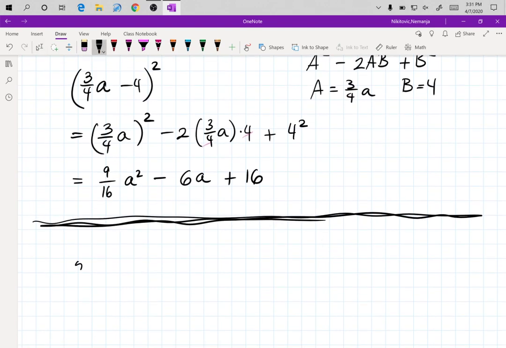How about 5 plus y cubed, everything squared? Not a problem, right? a is 5, b is y cubed.